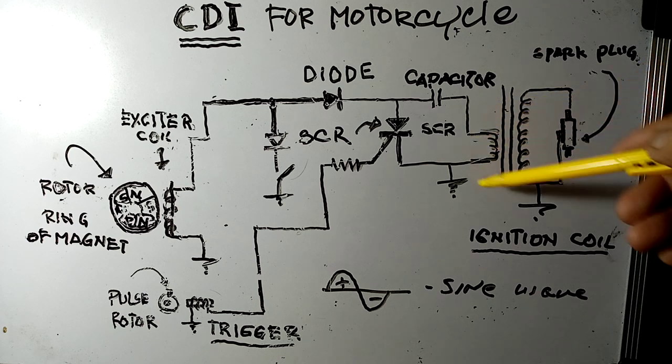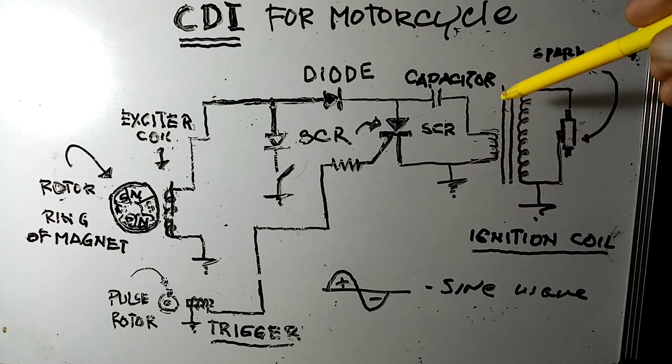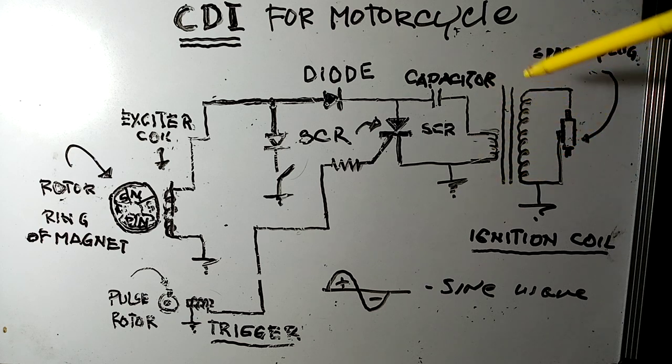So the primary coil will energize so much that it will bring the magnetic lines of force in the core, the confinement of magnetic lines of force.